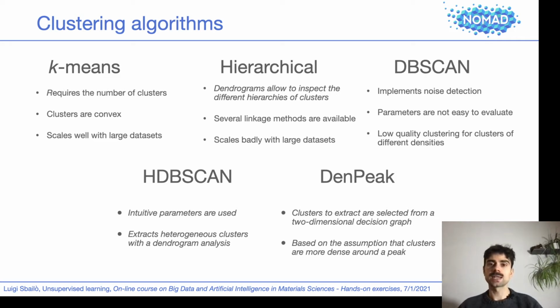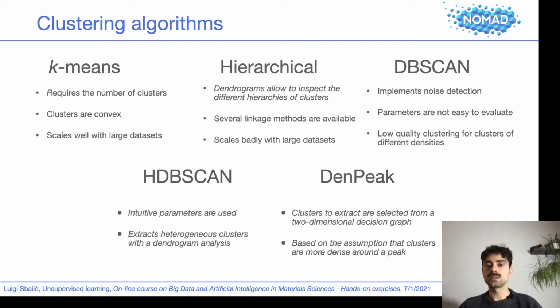We have seen hierarchical clustering. More specifically, we focus on agglomerative clustering. This deploys dendrograms for a visual inspection of how the different clusters are constituted. In agglomerative clustering, you initially have all points in its own cluster, and then at each iteration clusters are merged according to a linkage criterion.